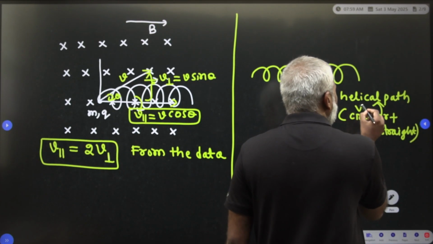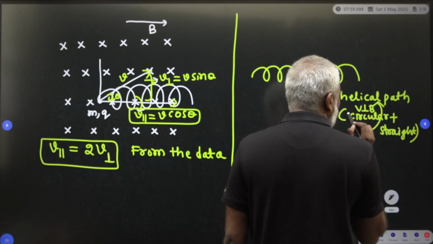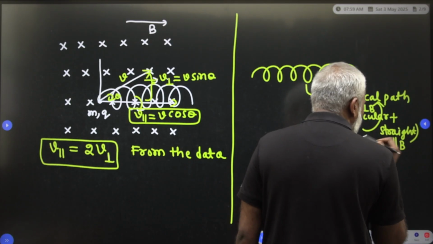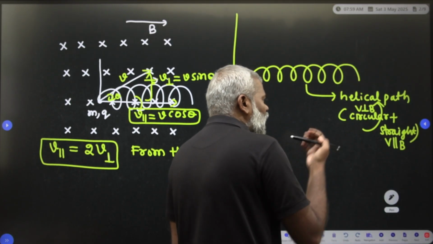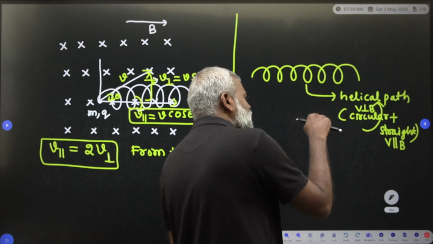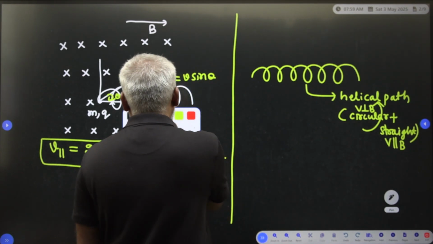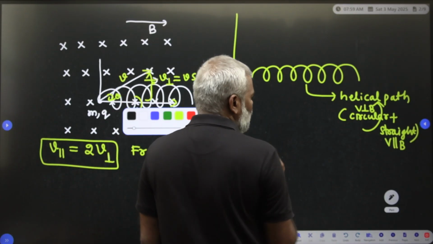Suppose v is perpendicular to B, we get a circular path. If v is parallel to B, we get a straight path. The combination of those paths is a helical path.